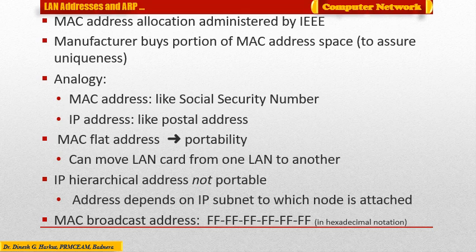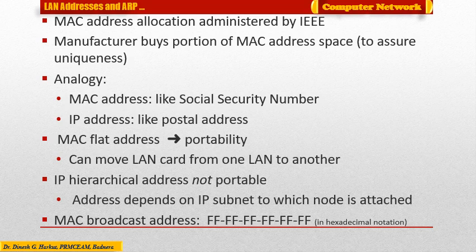A switch may occasionally broadcast an incoming frame onto all of its interfaces. As a result, an adapter may receive a frame that is not addressed to it. Thus, when an adapter receives a frame, it will check to see whether the destination MAC address in the frame matches its own MAC address.